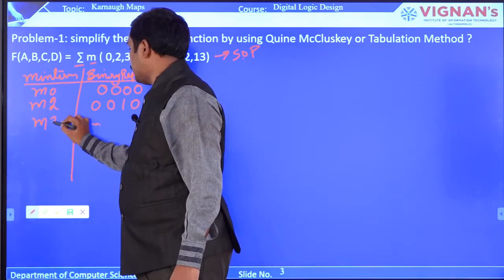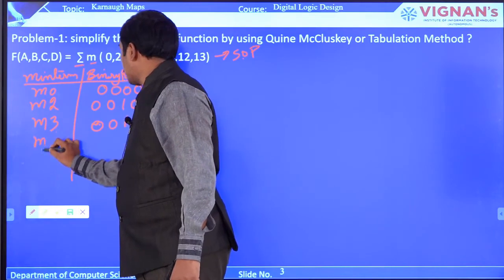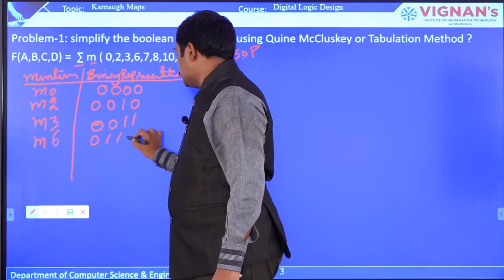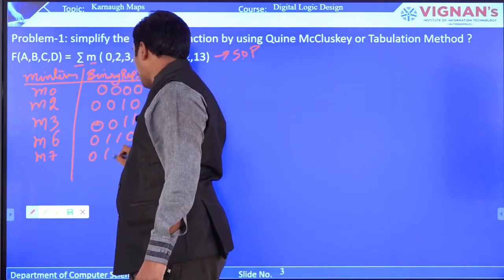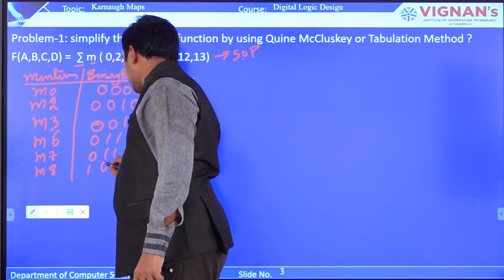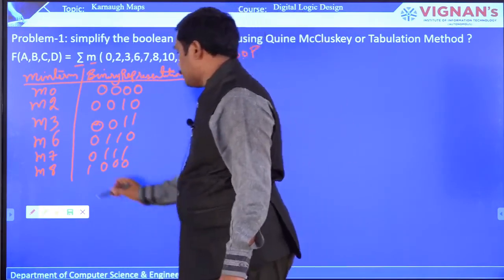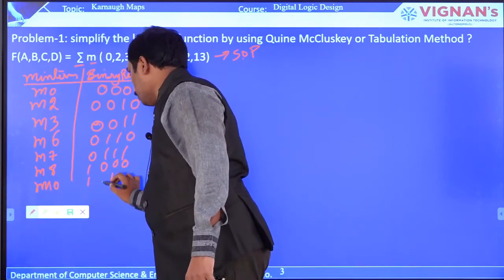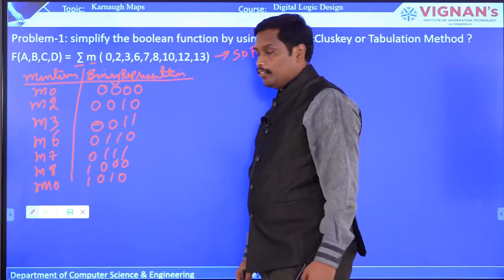Then M3, which is 0, 0, 1, 1, and then M6, which is 0, 1, 1, 0, and then M7, which is 0, 1, 1, 1, and then M8, which is 1, 0, 0, 0. So you are going to write all the binary representations of the particular min terms. Now next M10. So M10 is 8 and 2 will be given 1. So 1, 0, 1, 0 will be the binary representation of min term 10.